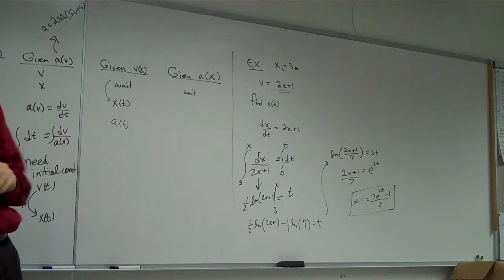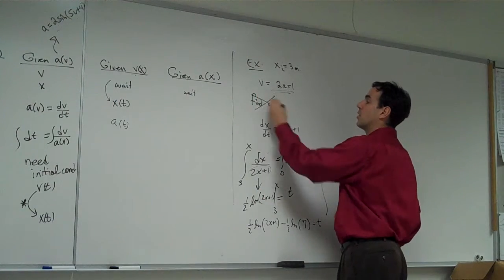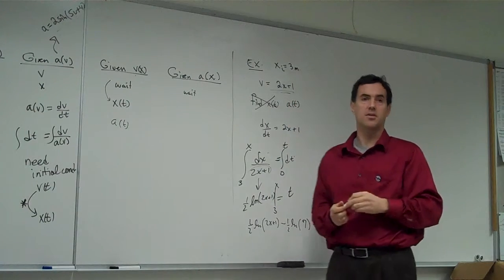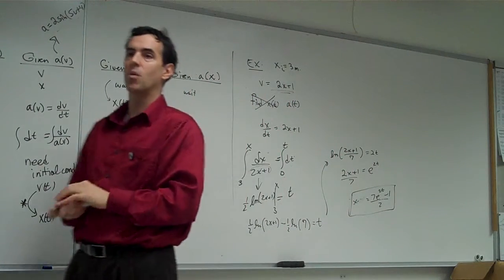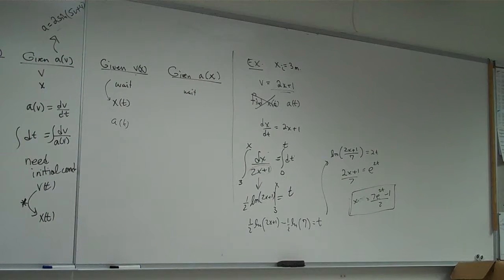So if I'm given velocity as a function of x, and instead of being told to find x as a function of t, I need to find the acceleration as a function of t. Can someone give me one approach, even if it seems a little labor-intensive to do that? I've got my hand up. James, you go ahead.